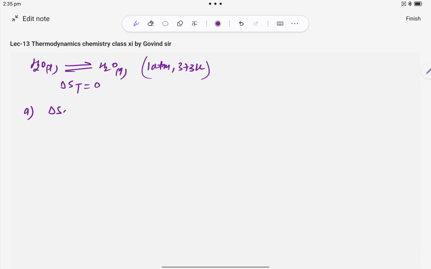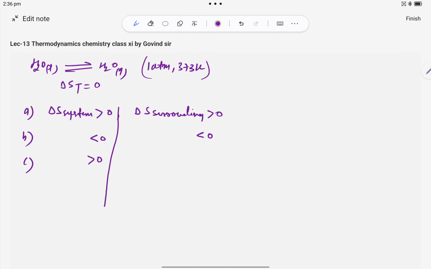First option: delta S of system is greater than 0 and delta S of surrounding is less than 0. Second option, third option, fourth option. System and surrounding you will assume. Which will be correct? C will be correct.